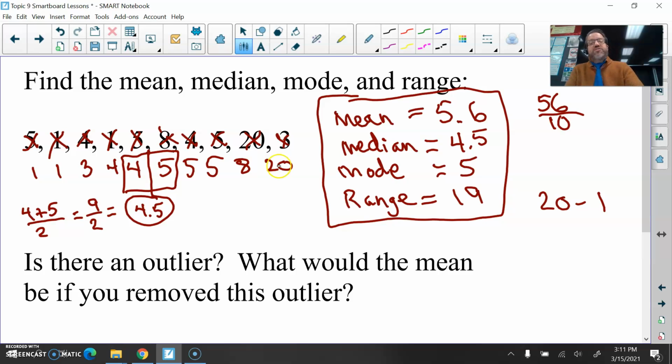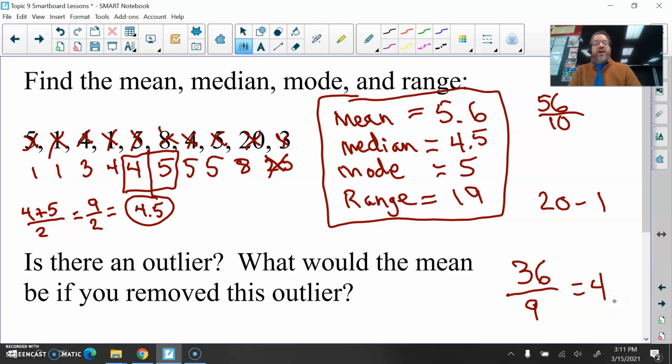If I removed that 20, I could subtract 20 from my total of 56 and I'd have 36, wouldn't I? Take that 20 away and instead of 56, we have 36. And now my mean I would find by dividing by 9 because now I'm just averaging these remaining 9 numbers in the data set. 36 divided by 9 equals 4.